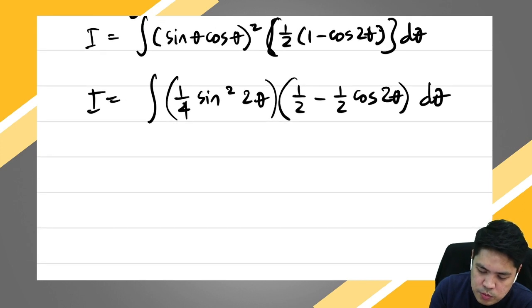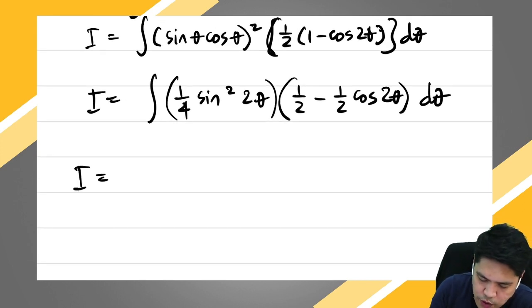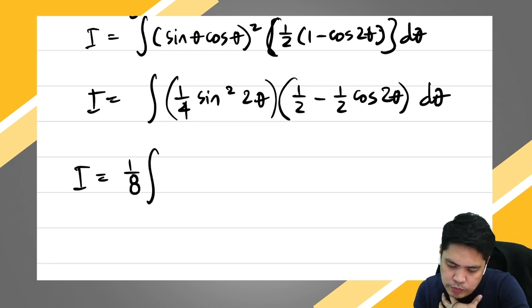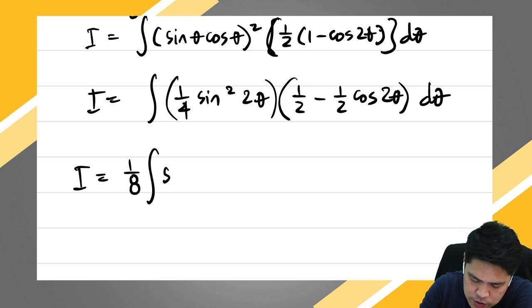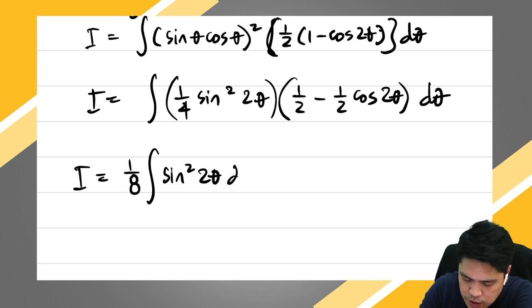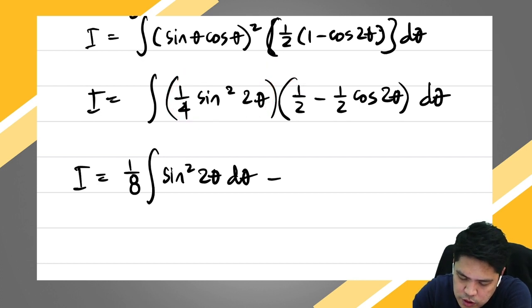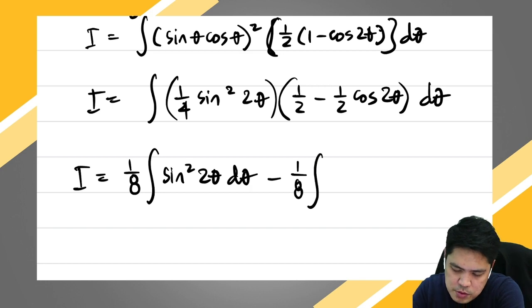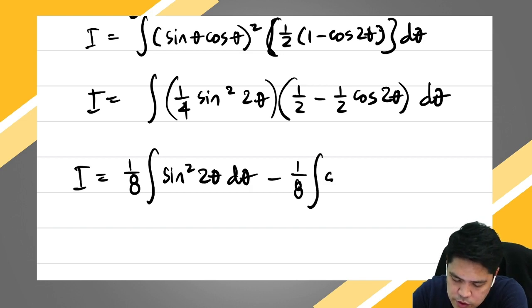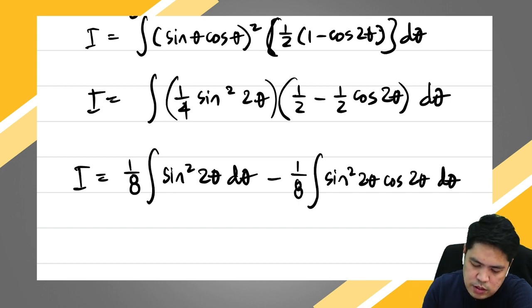Then let's just distribute. So therefore, we'll have I is equal to 1/8 integral of sine squared 2 theta d theta. So, is that right? I just multiplied it by this. Then minus 1/8 still times the integral of sine squared 2 theta cosine 2 theta d theta.